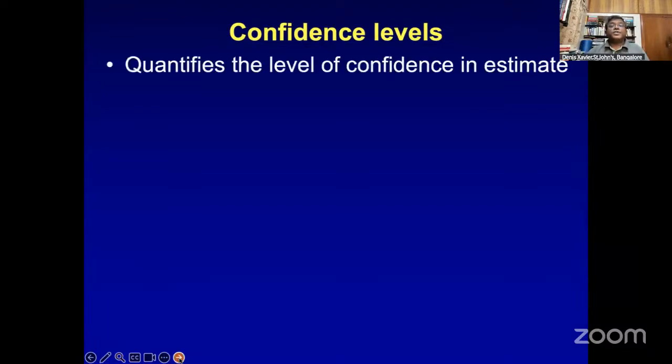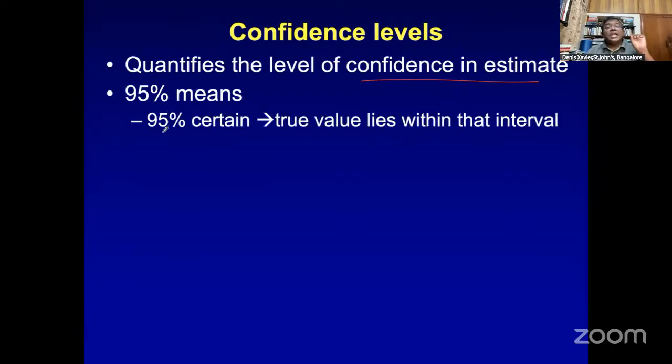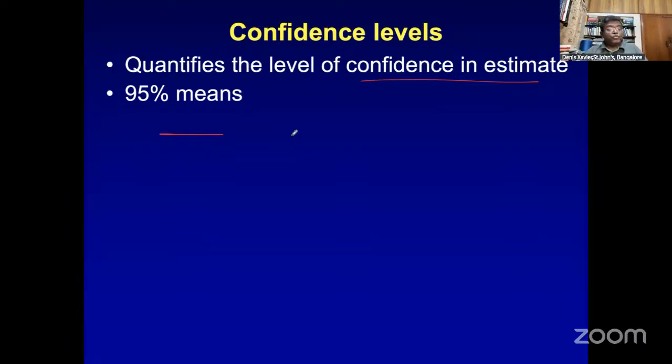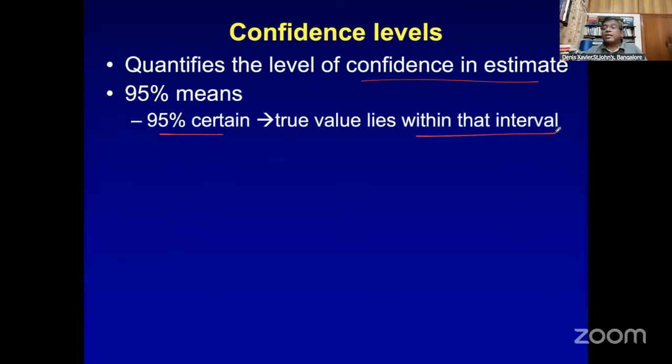Okay. All right. So just to give you a few more points about the confidence interval, it quantifies the level of confidence in the interval. If it's really narrow, then we know it is more precise, we got the magnitude, and we also have the direction, right? 95% means we are 95% certain that the true value lies within that interval.